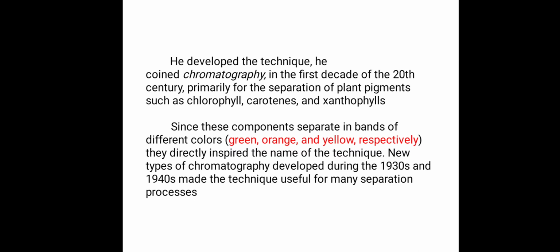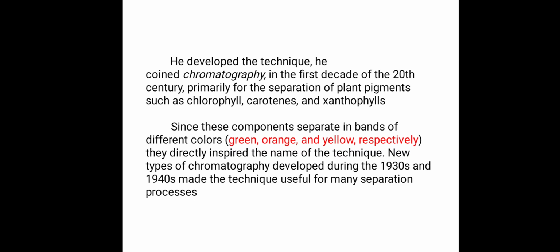He coined chromatography in the first decade of the 20th century, primarily for the separation of plant pigments such as chlorophyll, carotenes and xanthophylls. Since these components separate in bands of different colors like green, orange and yellow respectively, they directly inspired the name of the technique.